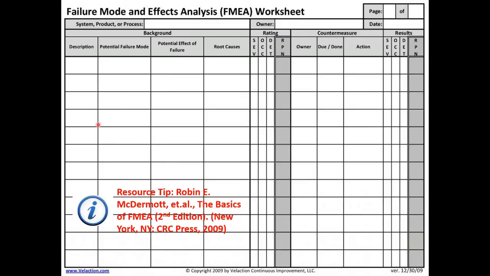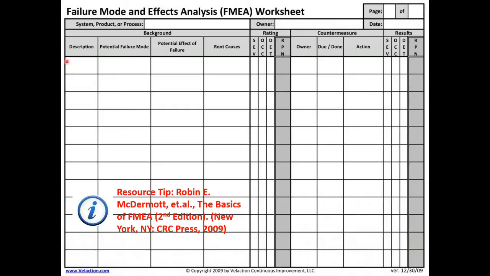But the concept in FMEA, and it may be driven off of that first risk assessment tool that we just talked about, is that there might be aspects of the development that you want to go a little bit further and do an FMEA on. And the way that this would work, let's describe it in the context of a product development. You would go through and list separate subsystems.